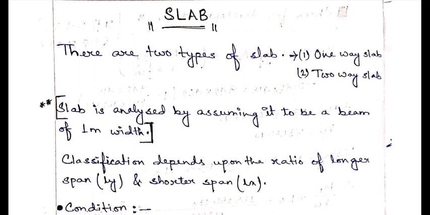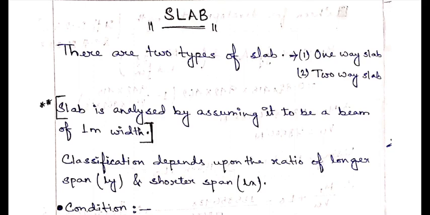From that example, you can understand that from top view, a slab is a quadrilateral section. So it may be square, it may be rectangular. So actually there are two types of slab. First one is one-way slab, second is two-way slab.